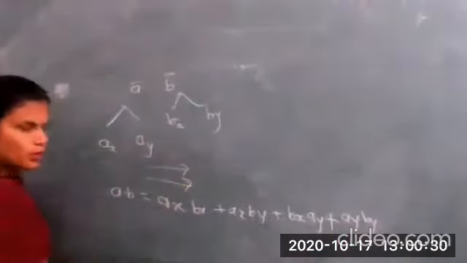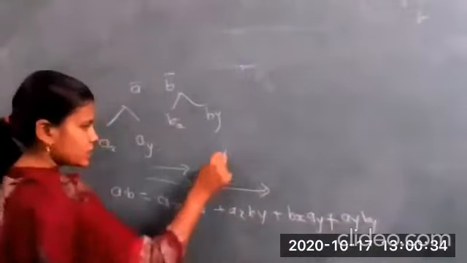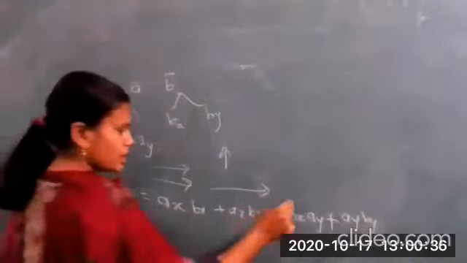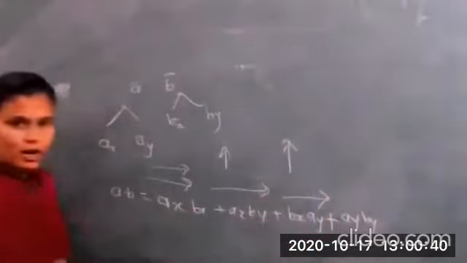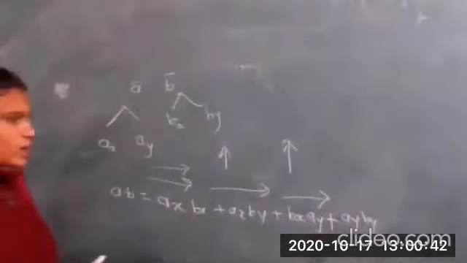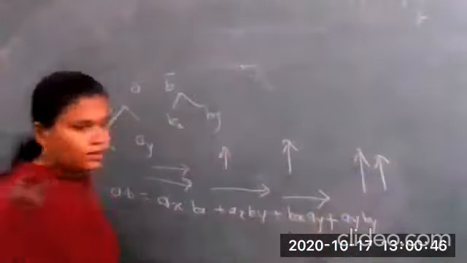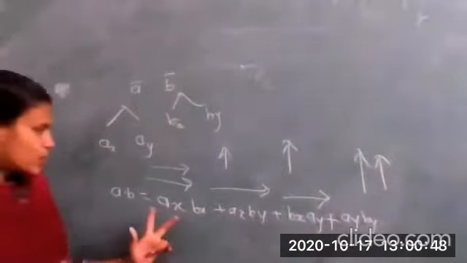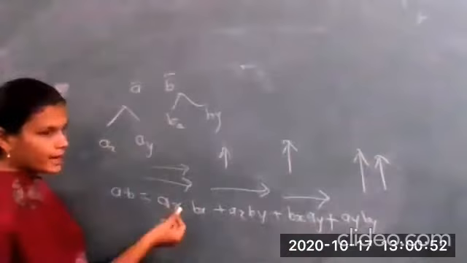So what will be AX BX? AX and BX are both in the x direction. AX BY: AX is in this direction, BY is in the y direction. BX is in this direction, AY is in the upward direction, that is in the direction of the y-axis, and AY BY are both in the direction of the y-axis. So what is the dot product of parallel lines?